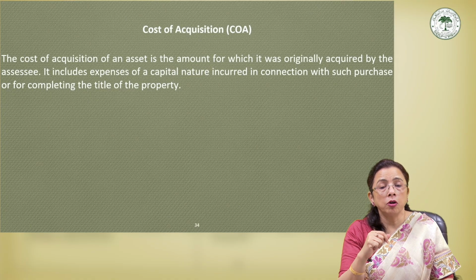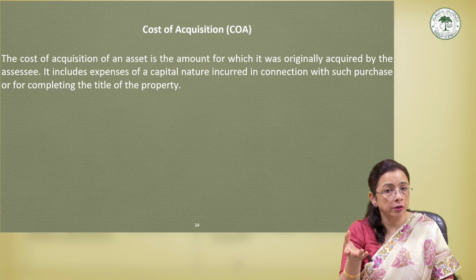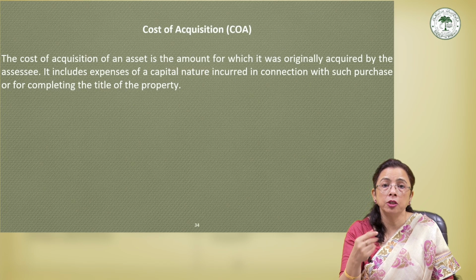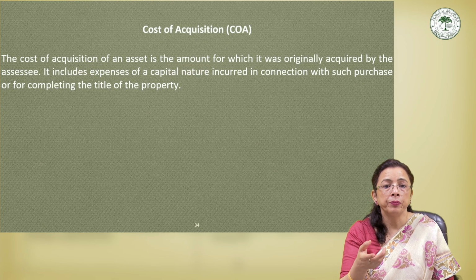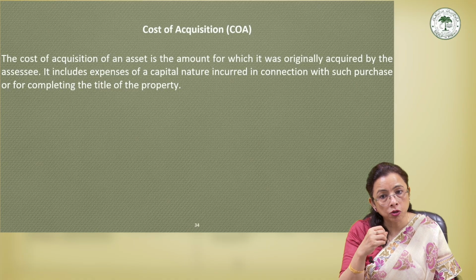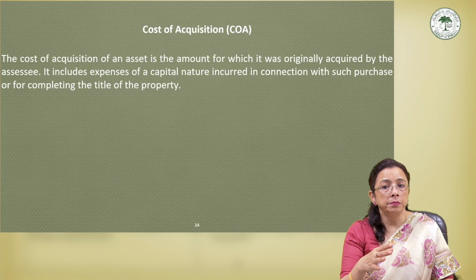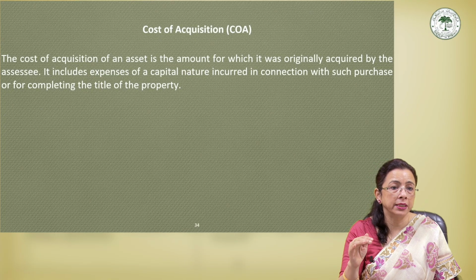Then there are also certain expenses for preparing the documents for transfer, for example, the stamp papers, etc. Such expenses are capital in nature and they are added to the cost of acquisition because they are directly connected with acquiring the ownership rights in the asset.